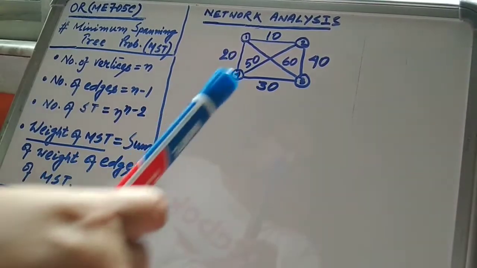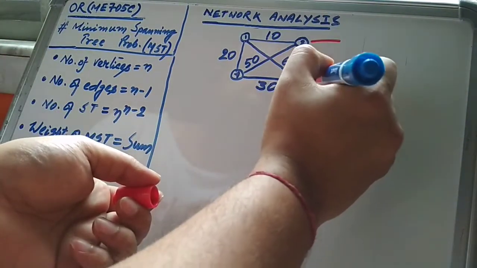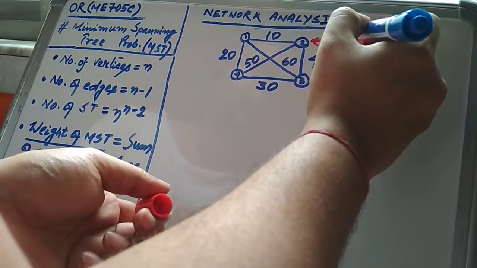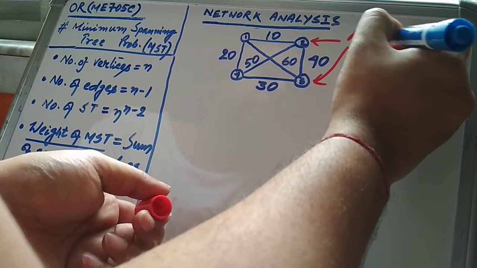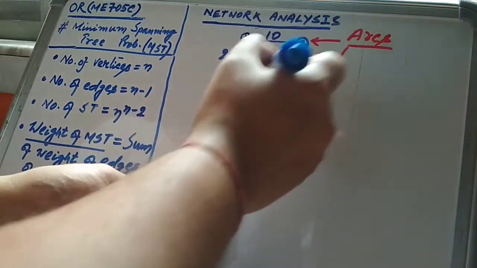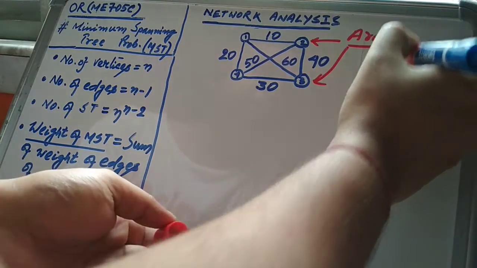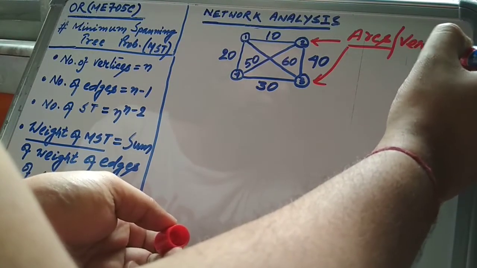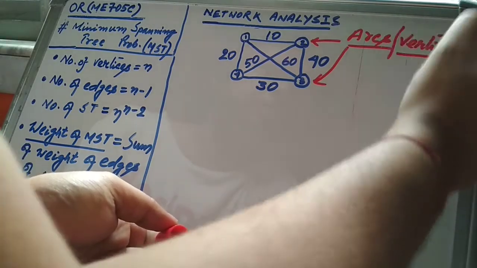Look, you already know what this represents. This represents arcs, as I told you earlier. It can also be termed as vertices.